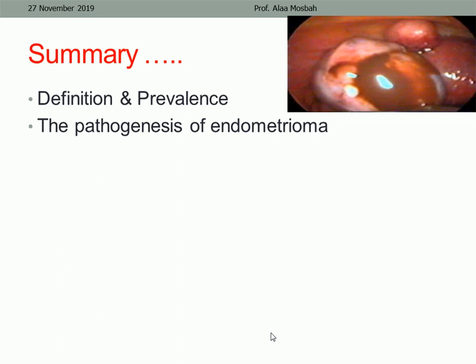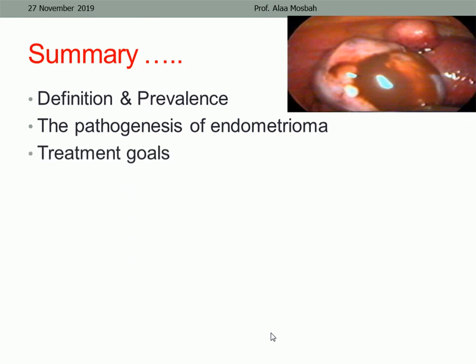And this cystic lesion may be unilateral or bilateral due to presence of endometrial gland in the ovarian tissue. And different theories try to explain the pathogenesis of endometrioma.